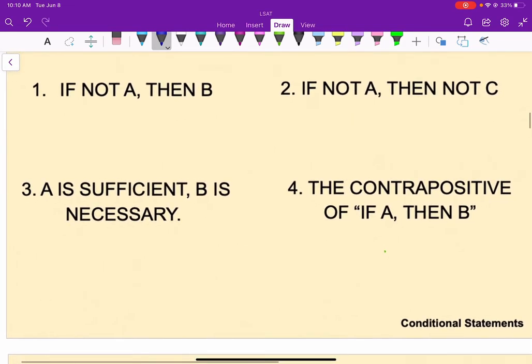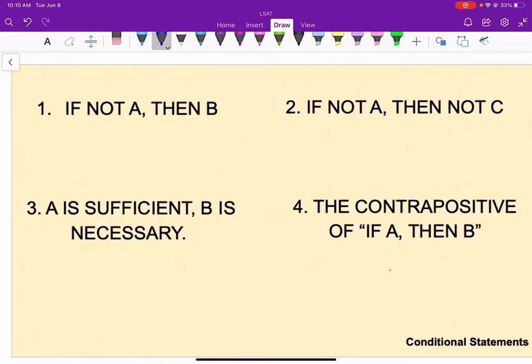And then I have just a couple more for us to try, so go ahead and try these on your own and see if you're able to diagram. Go ahead and diagram the conditional statement as well as the contrapositive.